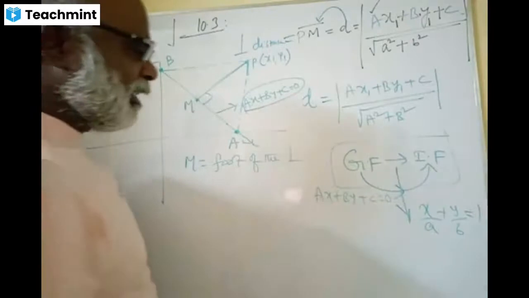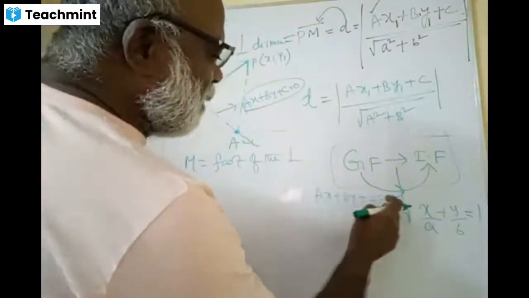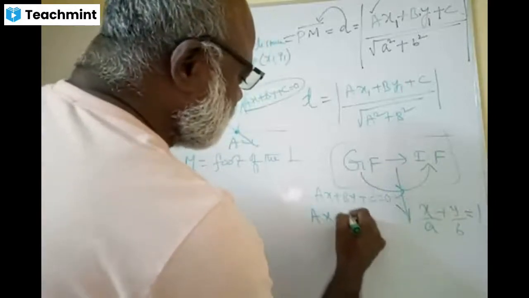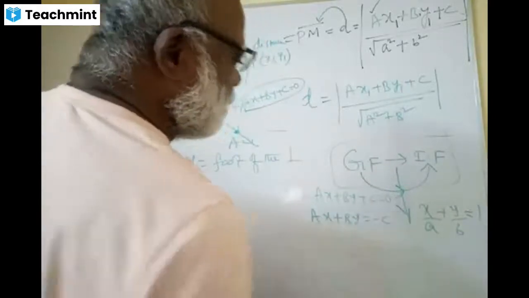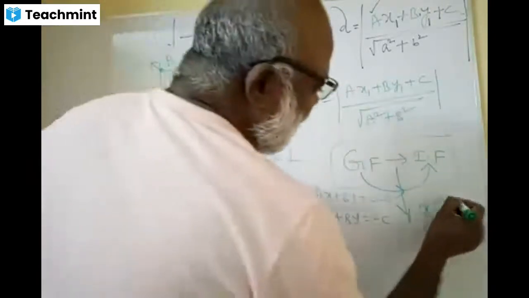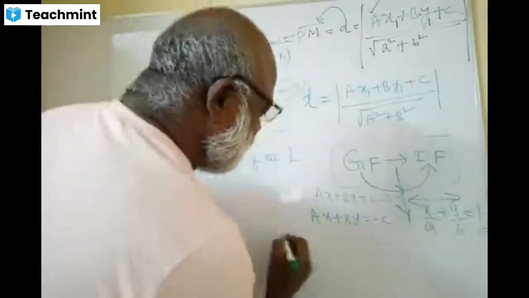Friends, watch here. Transform this ax plus by plus c into this form, okay? Let me write ax plus by equal to minus c. Why? Because only x and y are on the left side, right? So I am keeping x and y on one side and minus c on the other. Then I want 1 on the right.